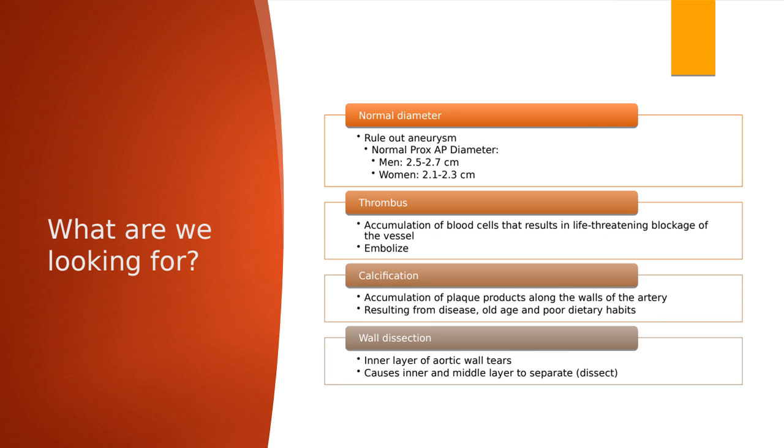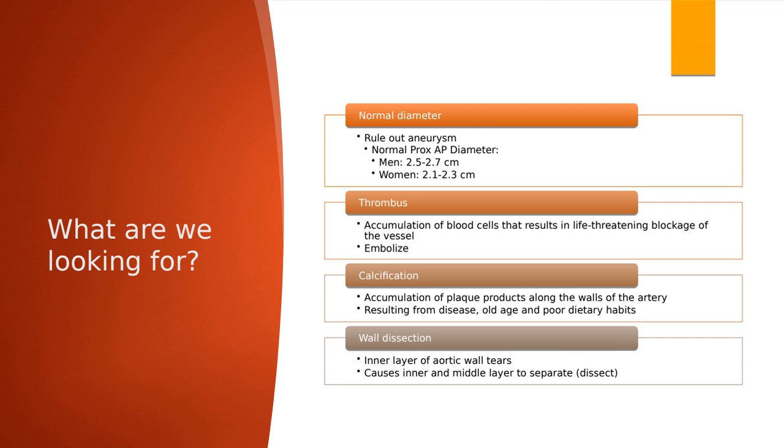We're also looking for calcifications. A lot of dietary problems, especially within our society. We have a lot of accumulation of plaque within our cardiovascular system. This calcification not only runs the risk of breaking off and traveling as well, just like that thrombus does, and embolizing in the same fashion, but it can also really significantly weaken those arterial walls.